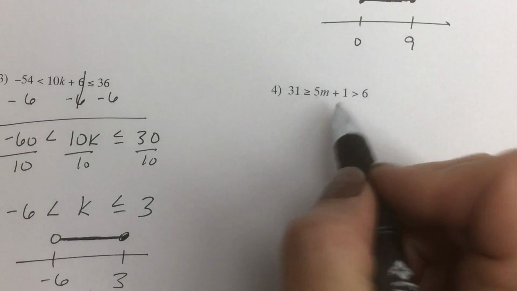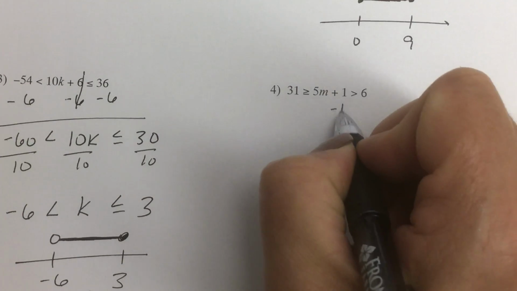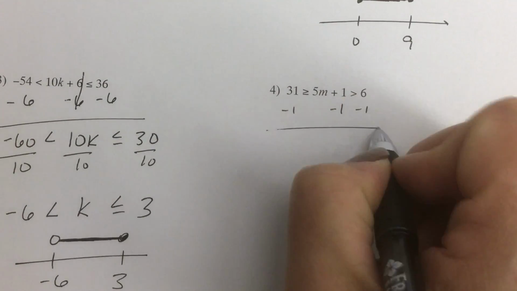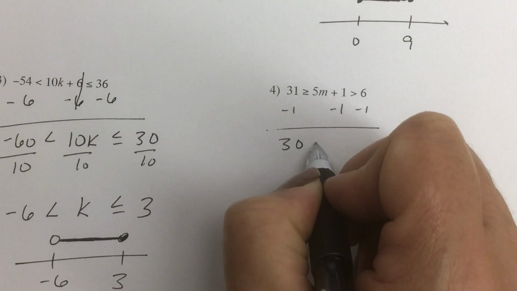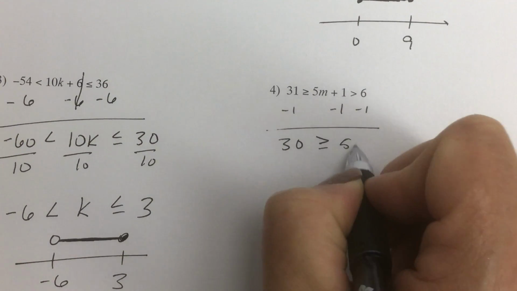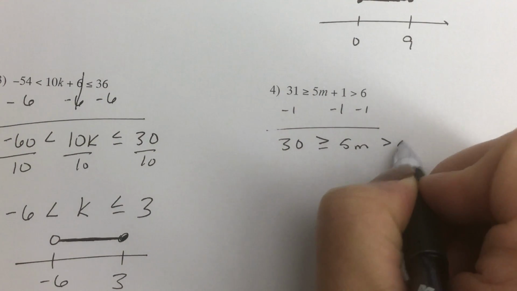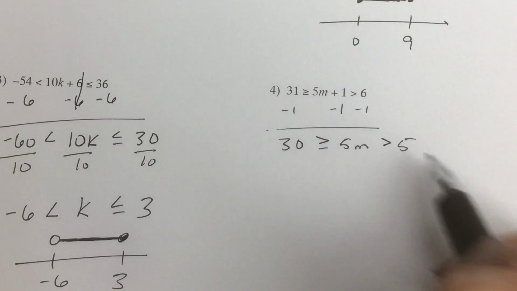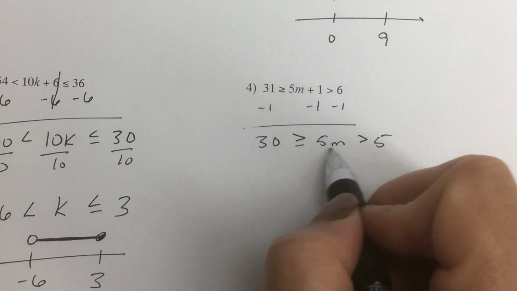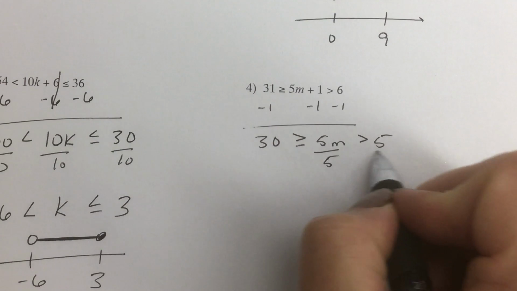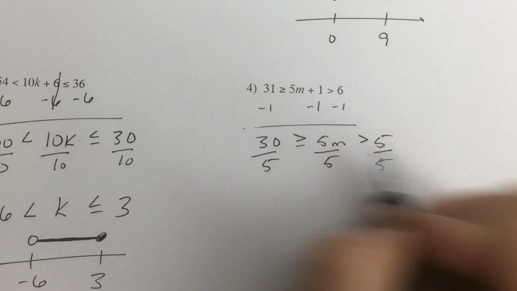Okay, over here, your middle is 5m plus 1. So you start with the 1. We're going to subtract 1 from every side. So 30 is greater than or equal to 5m, which is greater than 5. 6 minus 1 is 5. Look at your middle. You've got 5m, so we want to divide by 5 to get our m alone.